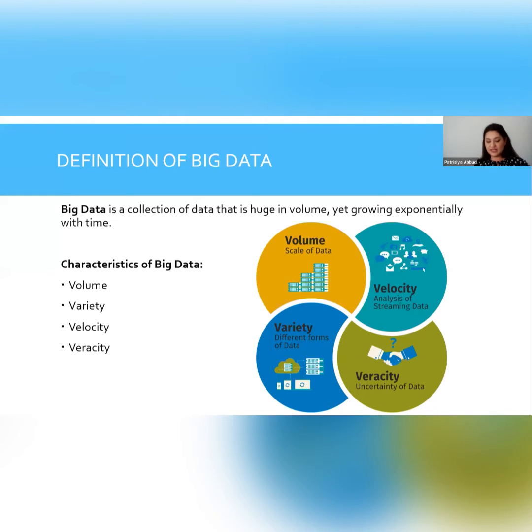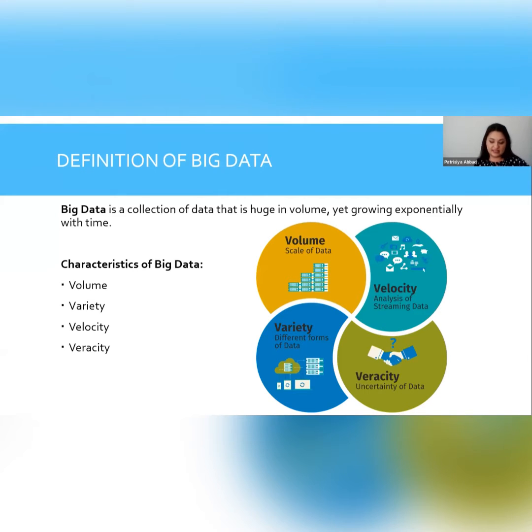The term velocity refers to speed of generation of data. So how fast the data is generated and processed to meet the demands. This determines the real potential in the data.